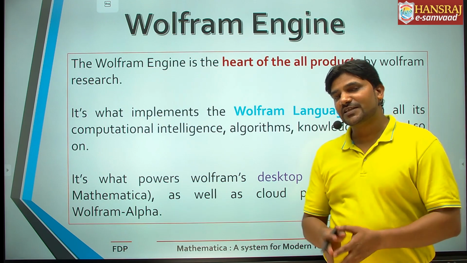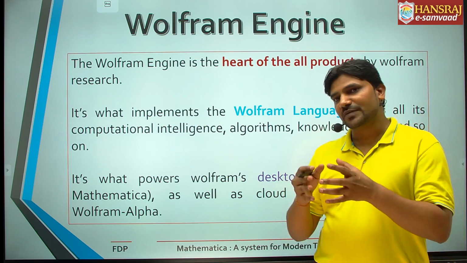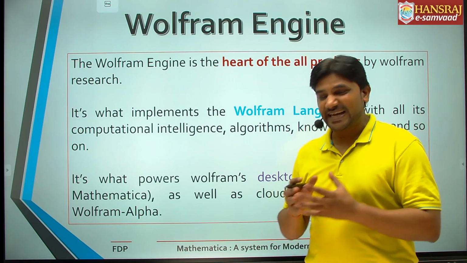The next thing is, whenever you are using Mathematica software, you need to understand the concept of how we are using that particular software. So there is a Wolfram engine.